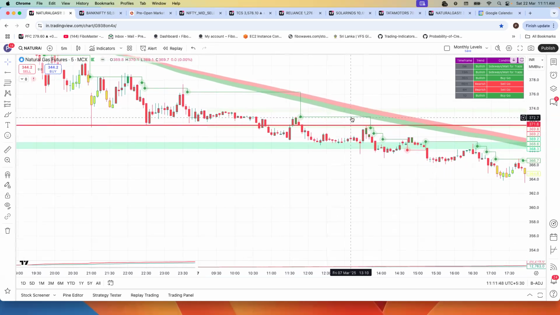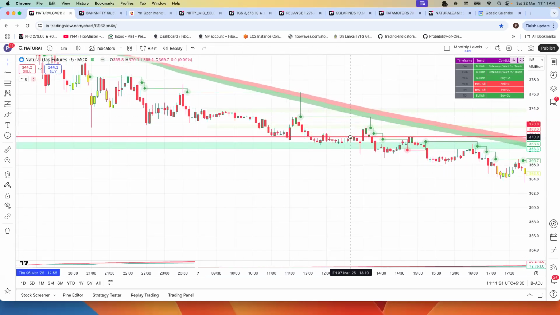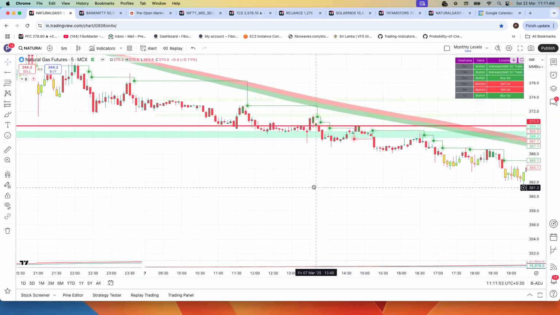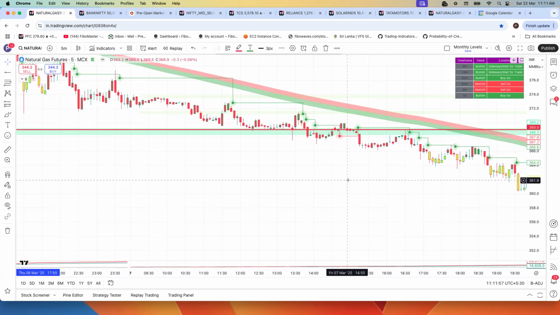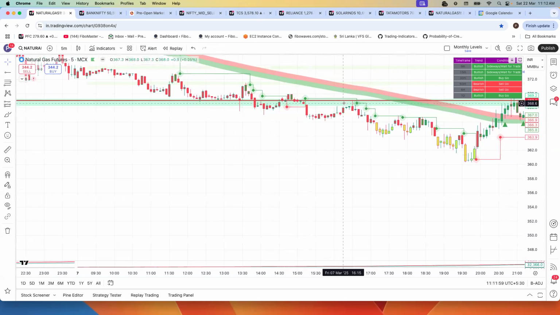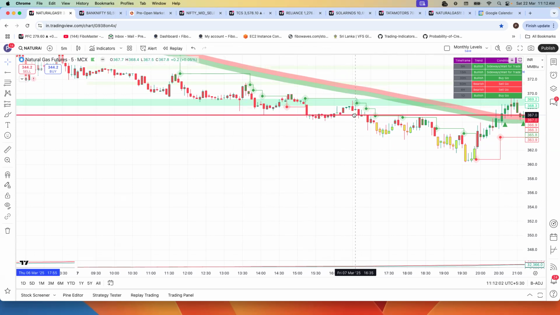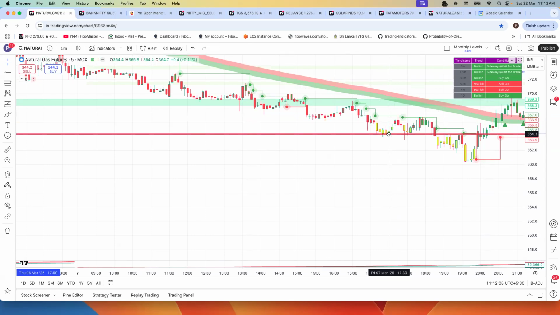Each time, I move my stop loss to the next high as it forms.